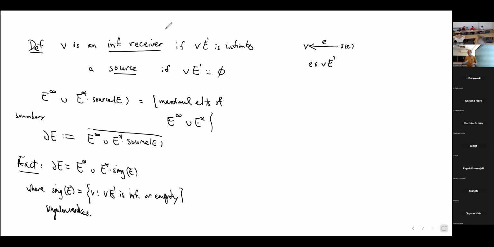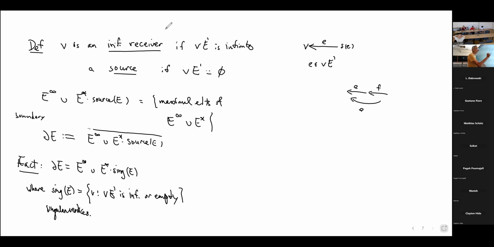If you write two paths next to each other, the assumption is that the source and range match up, so we have a composition.